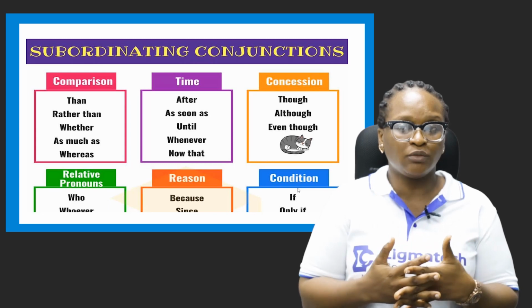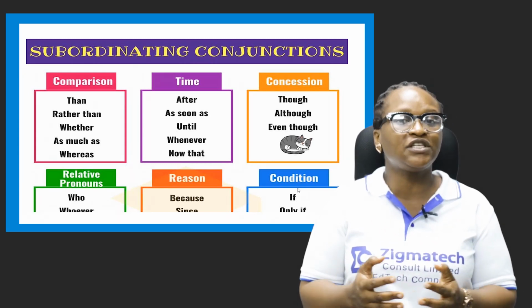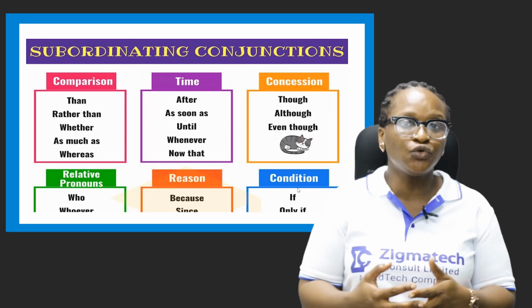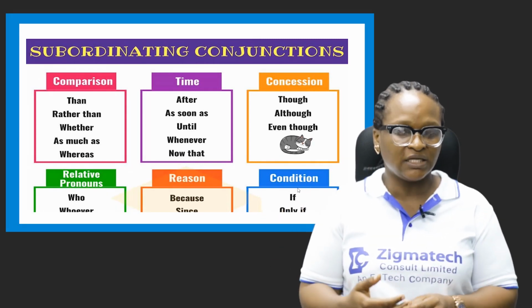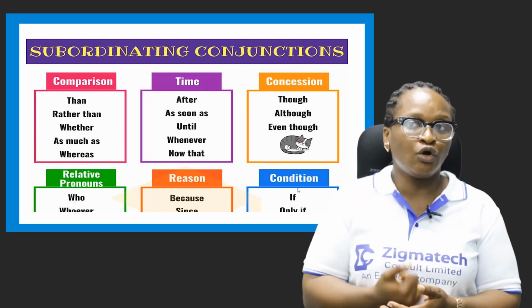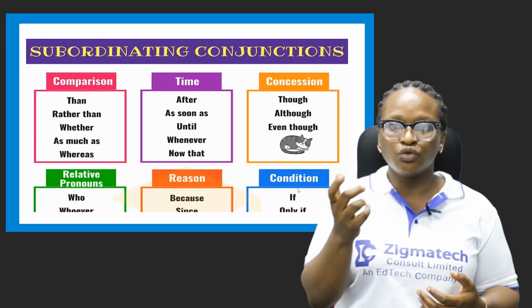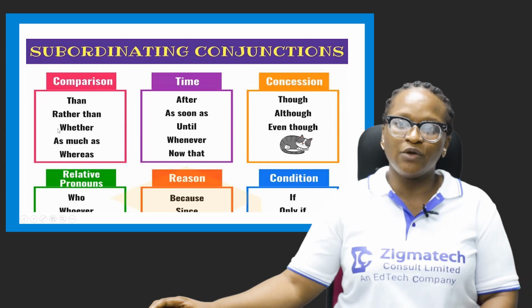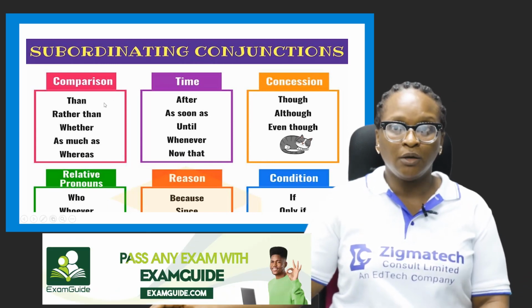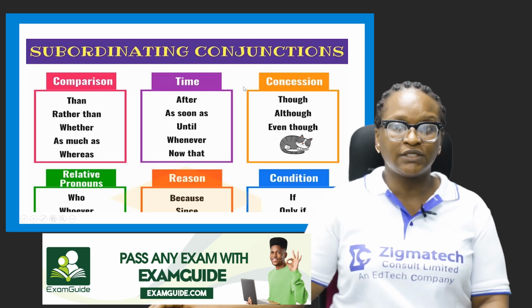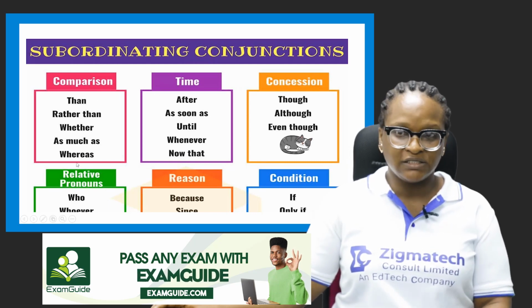These are relative pronouns. Now, what are relative pronouns? Relative pronouns are those pronouns that are used to introduce the subordinate clause in a sentence. That is the reason for having them under subordinating conjunctions. So these are areas where we can use them. If you want to compare people using your subordinating conjunctions, then these are the words.